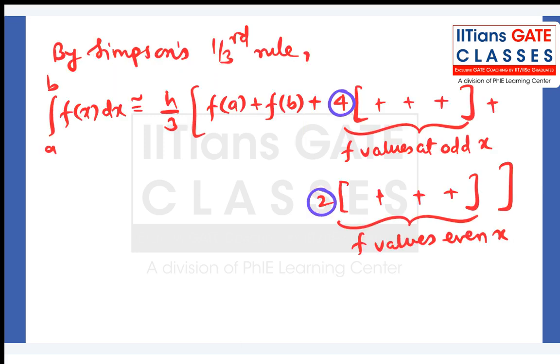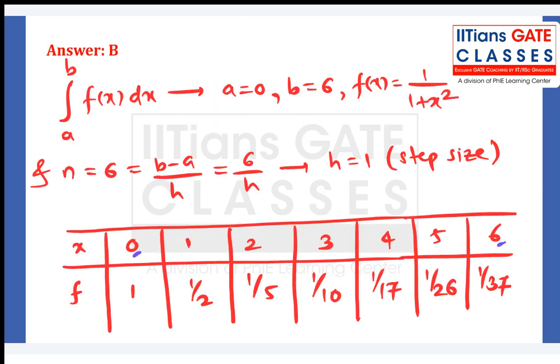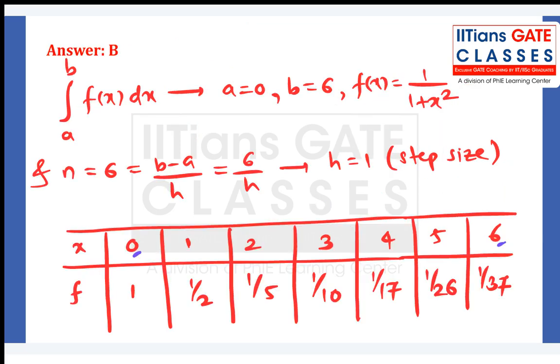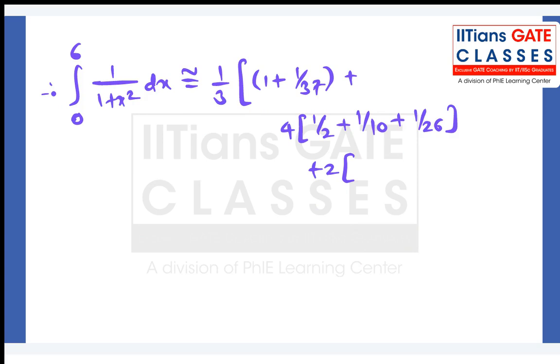Those will be 1, 3, and 5, so that is 1 by 2, 1 by 10, 1 by 26, plus 2 into the remaining even ones. Those will be 1 by 5, 1 by 17. And this whole thing is multiplied by 1 by 3.